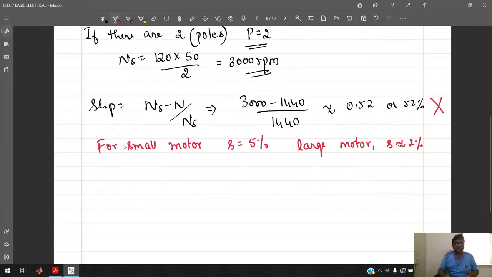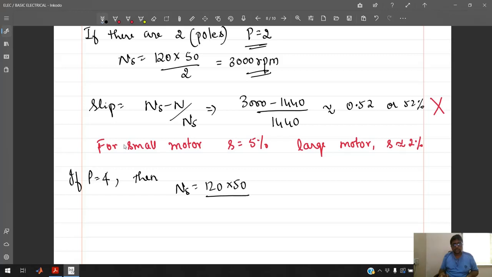Now if I consider that the number of poles P is equal to 4, then you are going to get Ns equal to 120 into 50 divided by 4, which gives a speed of 1500 rpm. So with this, the slip will be equal to 1500 minus 1440 divided by 1500.